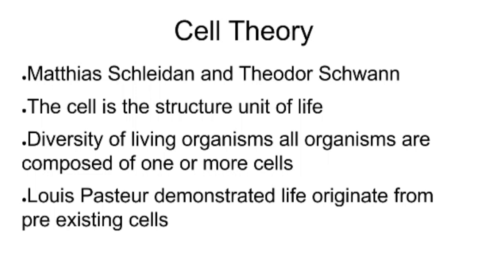Second is that the sum total of activities of an organism is performed by a single cell, or lots of cells, more than one cell. Third is cells develop from pre-existing cells. And the cell theory exception will be for the viruses, because they are the smallest acellular organisms.